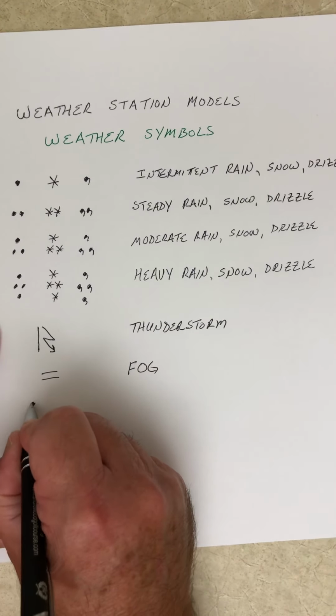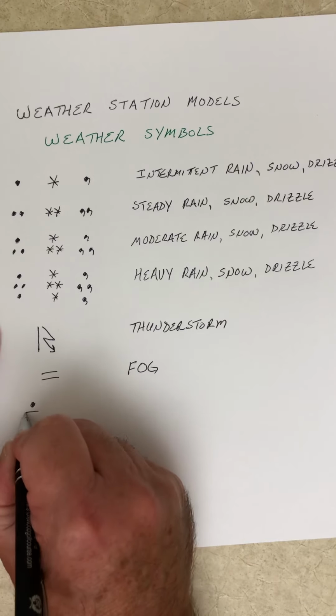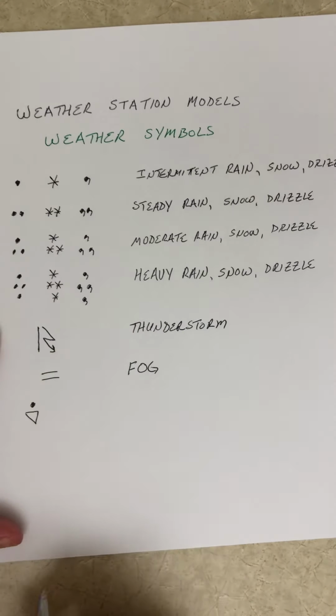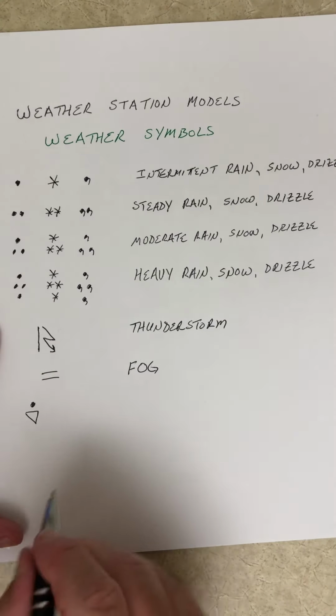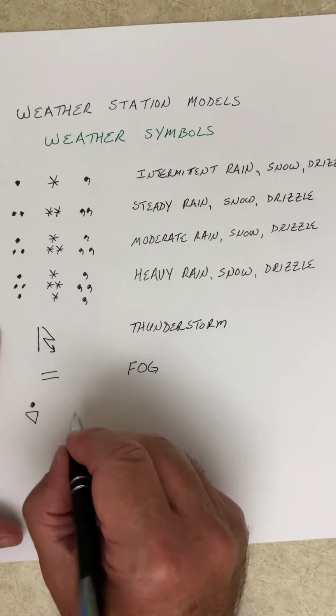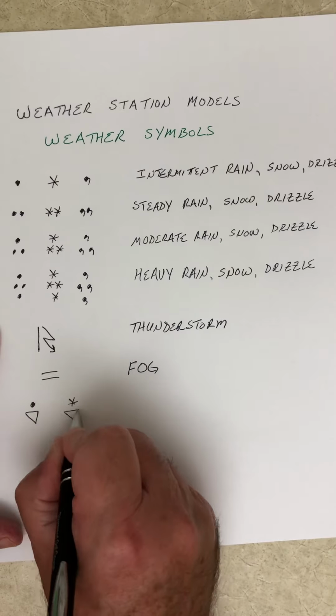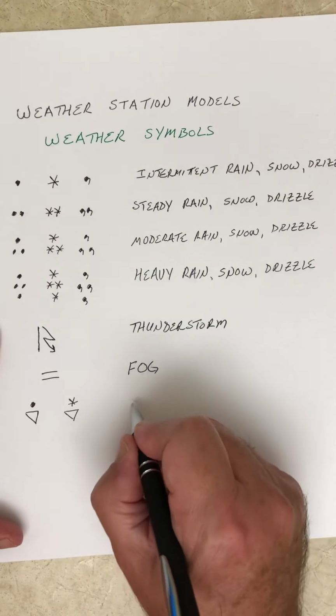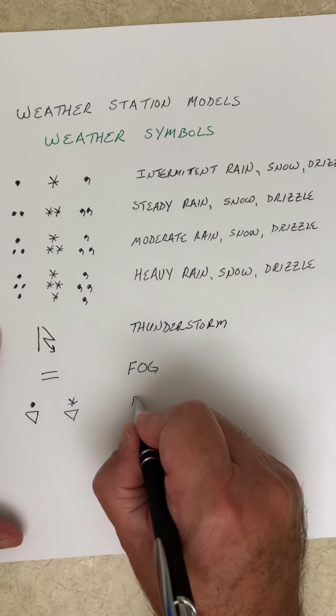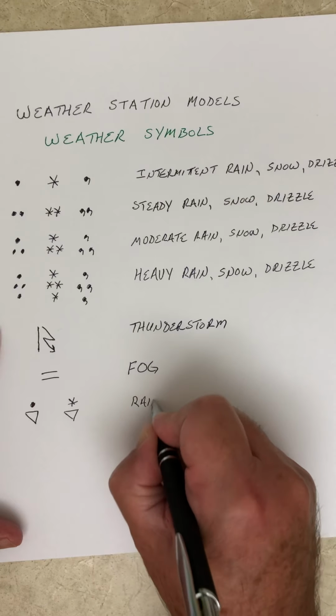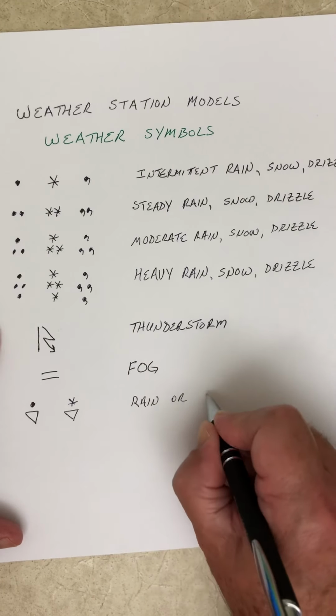Sometimes you will have a shower, so a dot over an inverted triangle, or an asterisk over an inverted triangle. This would be a rain or snow shower.